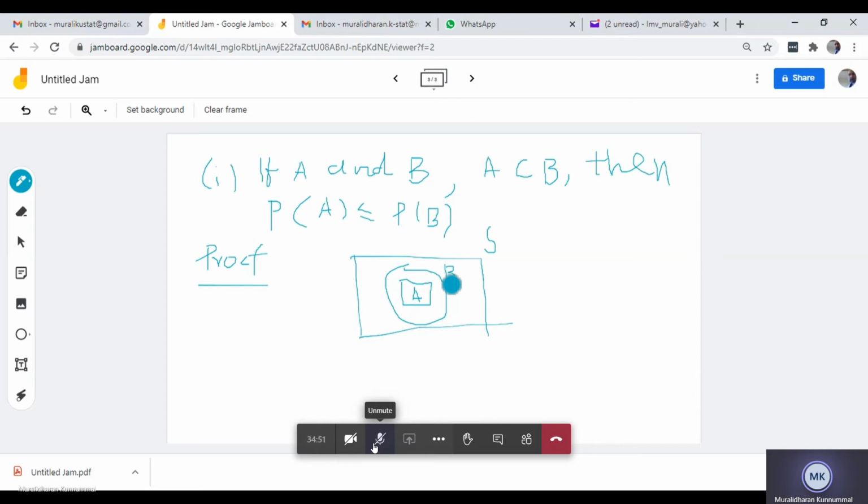So in this case, we can write B simply as A union (B intersection A complement).